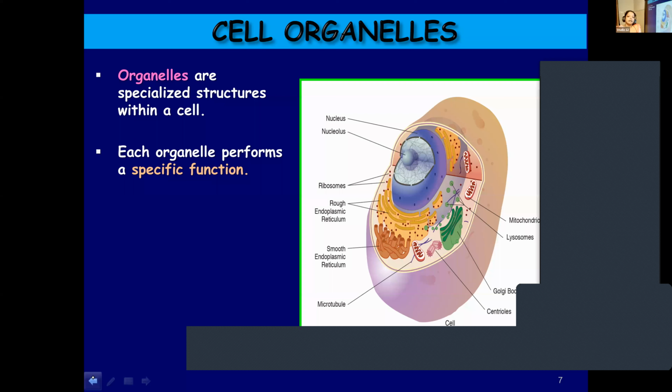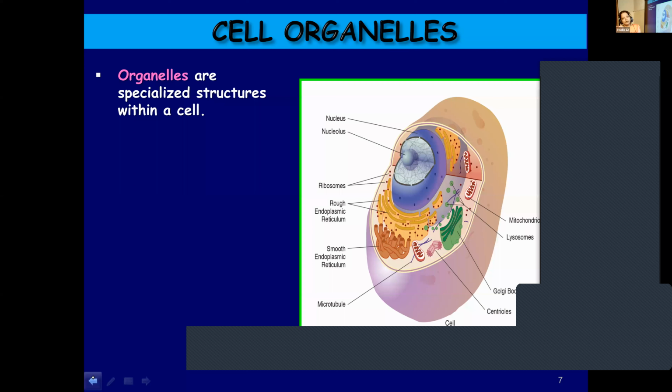Scattered in the cell, you can see some specialized structures, and each one performs a specific function. And in the figure here you can see the structure of a cell, and there you can see so many organelles: ribosomes, mitochondria, lysosomes, endoplasmic reticulum, Golgi body.